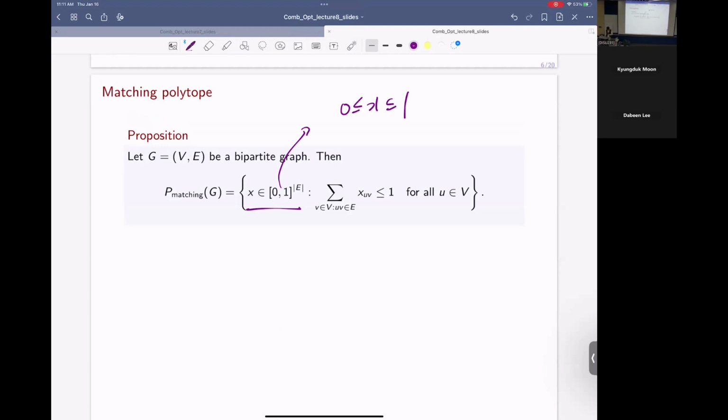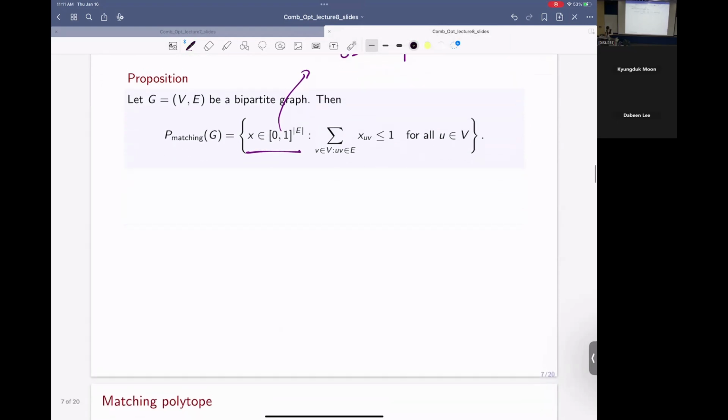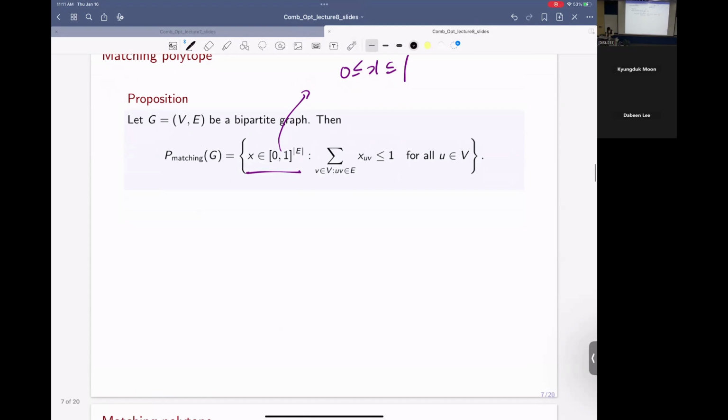This follows from our previous discussion, but let's prove this together. Let's denote this by some polytope P. By the way, this is a polyhedron, but it is bounded because all the vectors are contained in this 0,1 box. So this is a polytope.